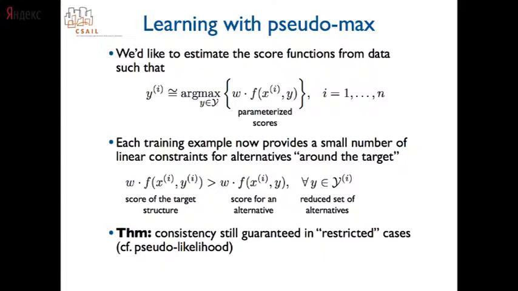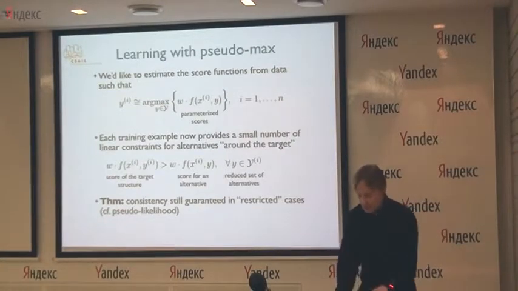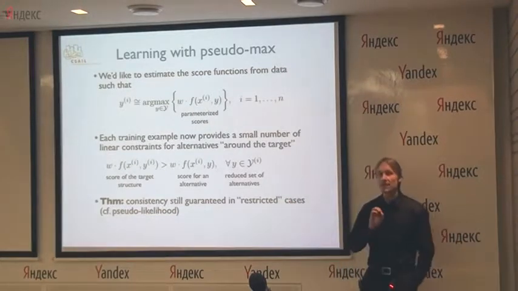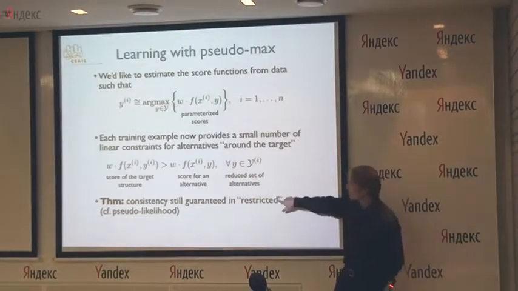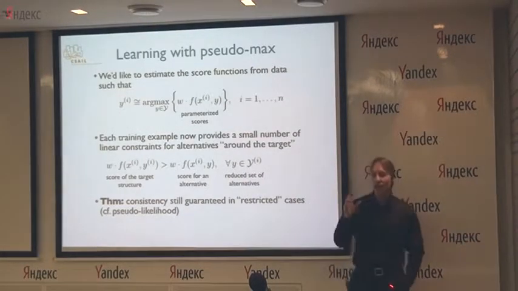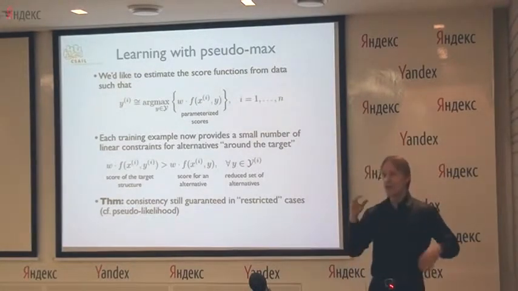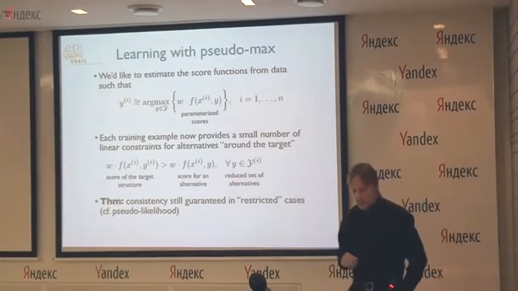If we have a large amount of data, we can actually use just these simple constraints and be guaranteed that they suffice to get the correct scores for this method. There are lots of details in what cases you can guarantee this, but the intuition is that the training examples have to properly exercise the model, so that you explore it from different angles in order to narrow the parameter set down to the correct one.